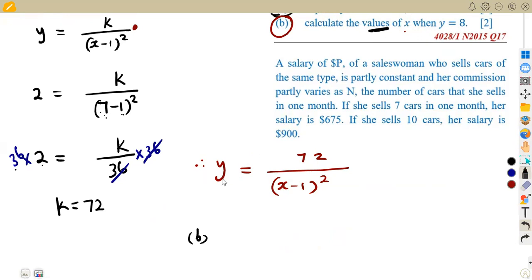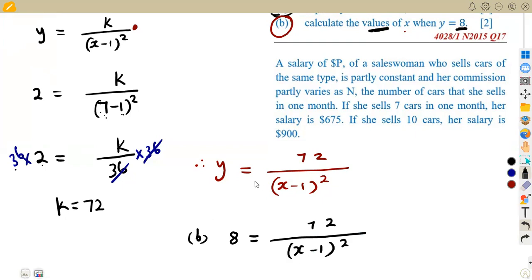So in place of y here, we're going to have 8 is equal to 72 over x minus 1 squared.